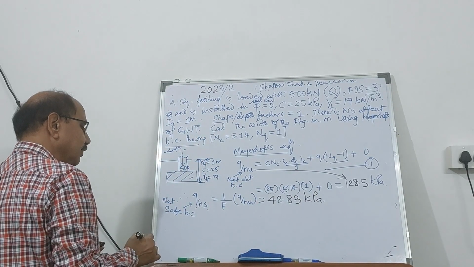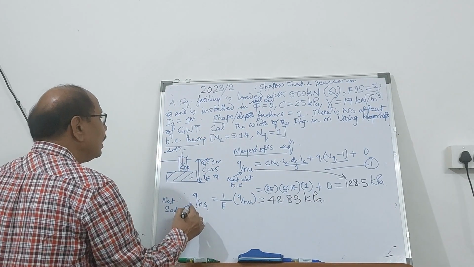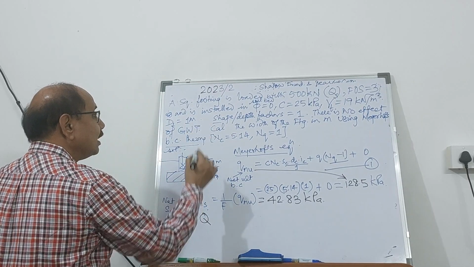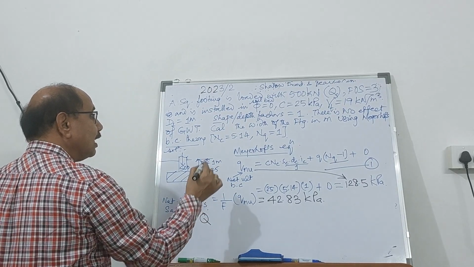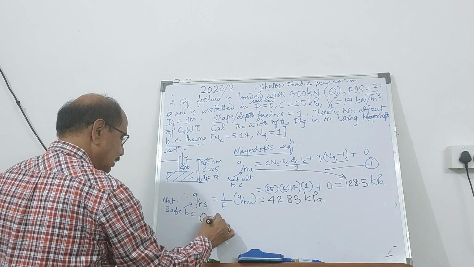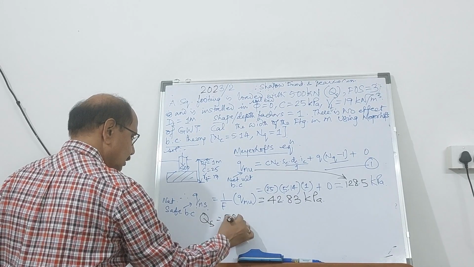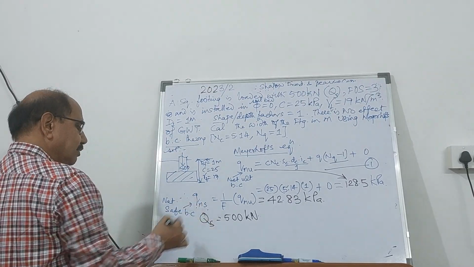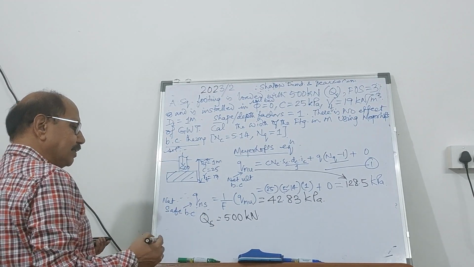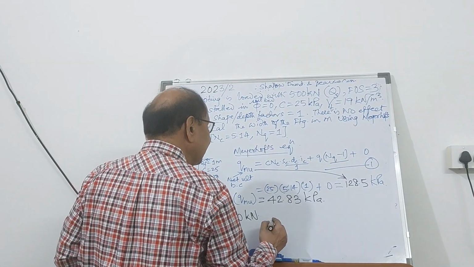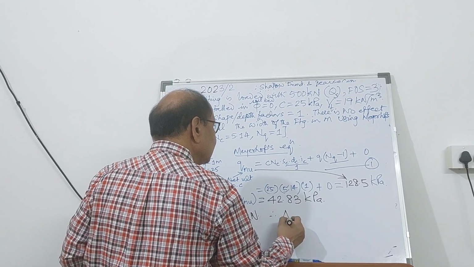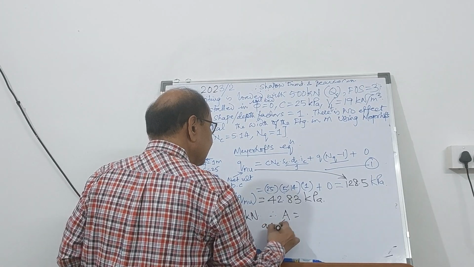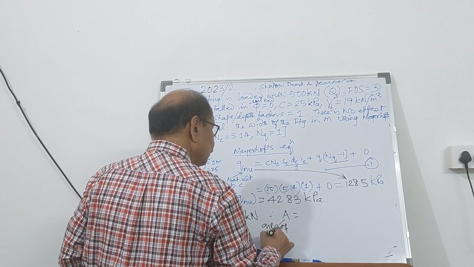Having got the value of net safe, now I know the safe load, which is given as 500 kilonewton. So if you divide it by the net safe bearing capacity, you will be getting the area. Therefore, the area of the footing A is the required area of the footing.